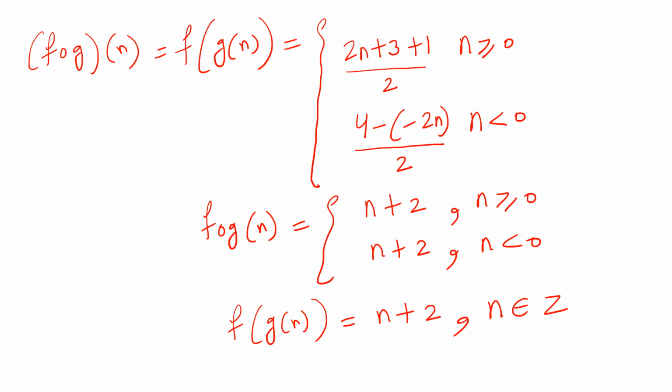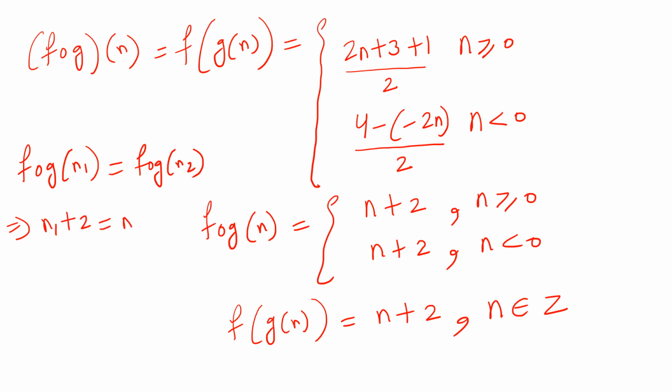Now students, let's discuss the injectivity of the function f of g. Now I am considering two different inputs n1 and n2, both belonging to Z. Now if f of g of n1 is equal to f of g of n2, then this implies that n1 plus 2 will be equal to n2 plus 2. And this clearly means n1 is equal to n2.